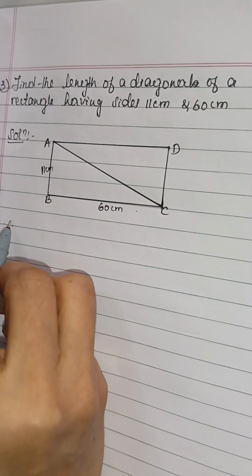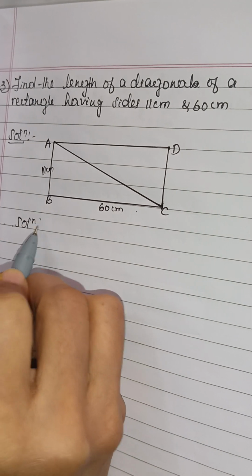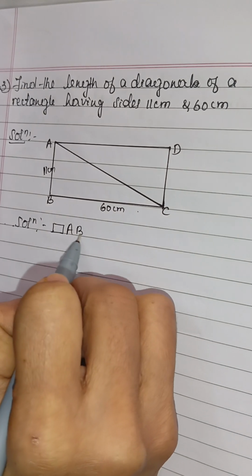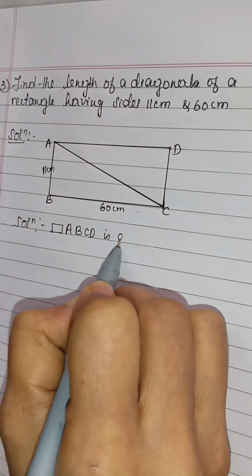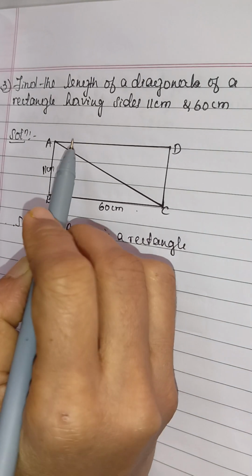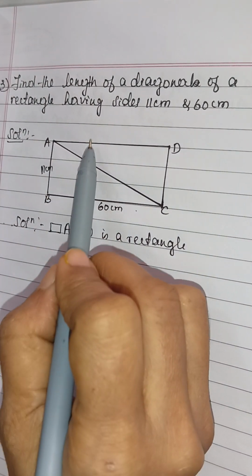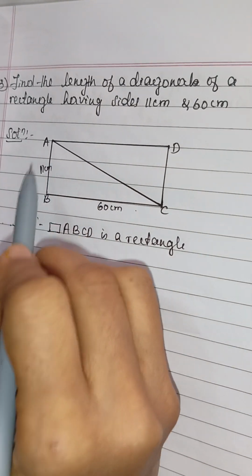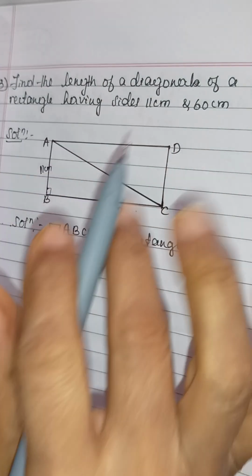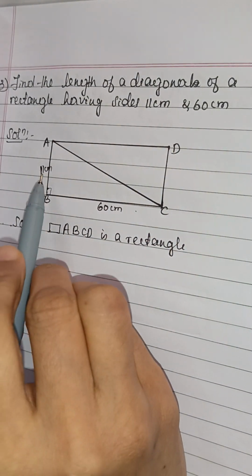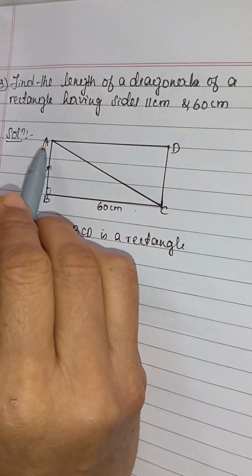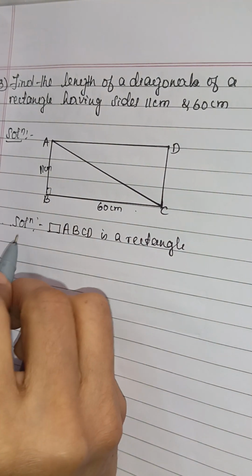Therefore, solution is: ABCD is a rectangle. The property of a rectangle is opposite sides are equal and all the angles measure 90 degrees.